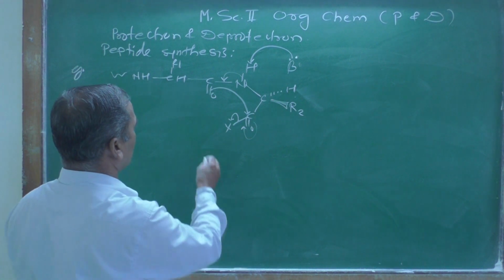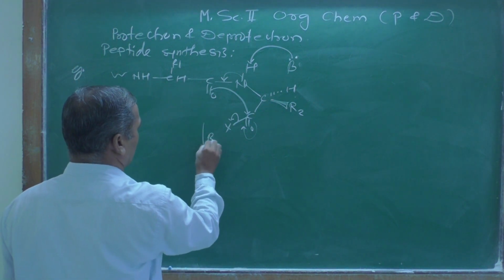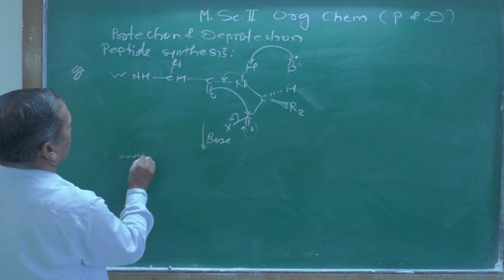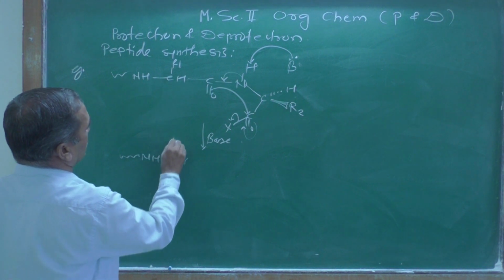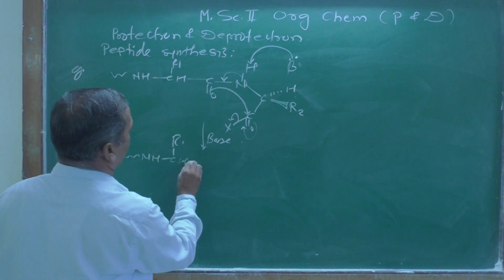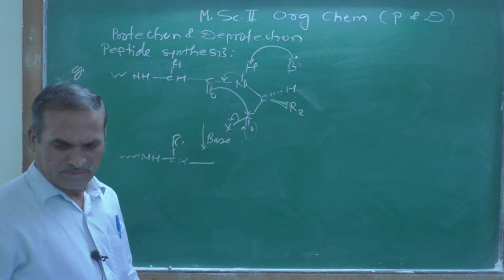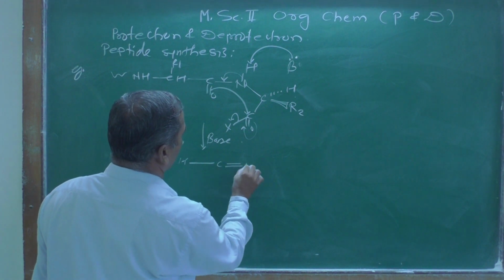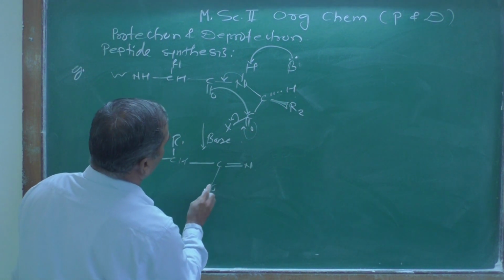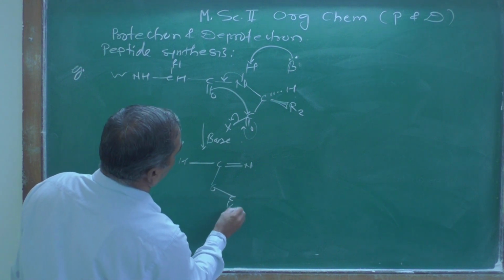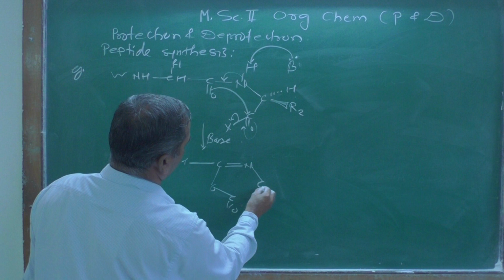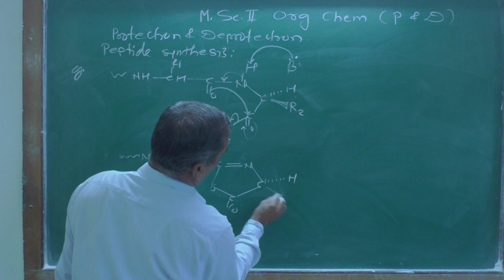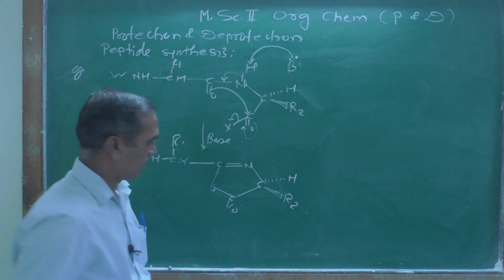The base is used in this case, and we are going to get this compound: NH, CH, R1, then C=N, then O, then C=O, then C with a hydrogen atom, and this is R2, right?